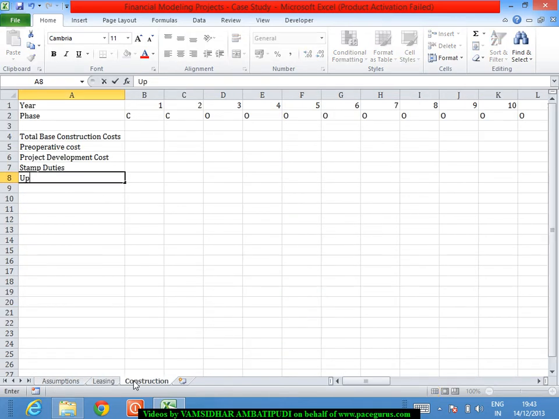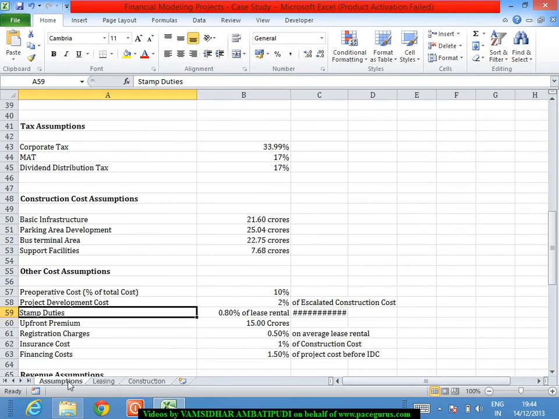The typical usage of an upfront premium could be that I may have to pay my consultant or some advisor, and that's an upfront cost for advising on this entire process or for various reasons. In some government projects, the government expects the developer to pay an upfront premium to the government to take up this particular exercise. So that is also a cost that is built into the process.